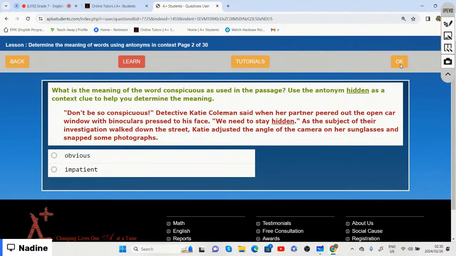So if we look at the word hidden, we need to find the antonym, the word with the opposite meaning of hidden. So hidden, is it obvious or is it impatient?